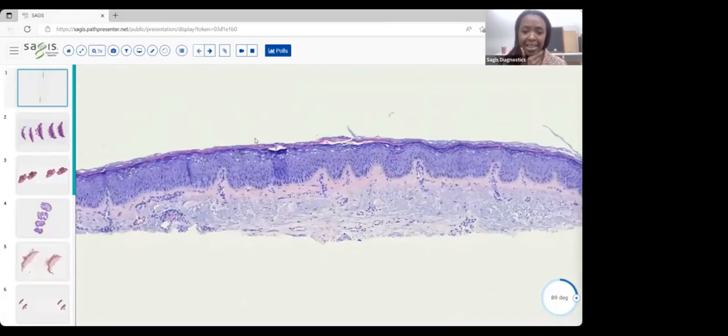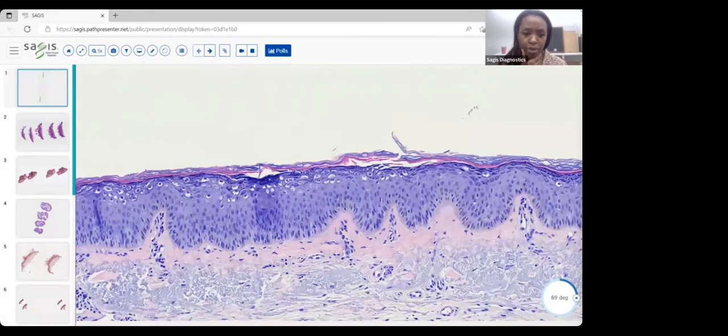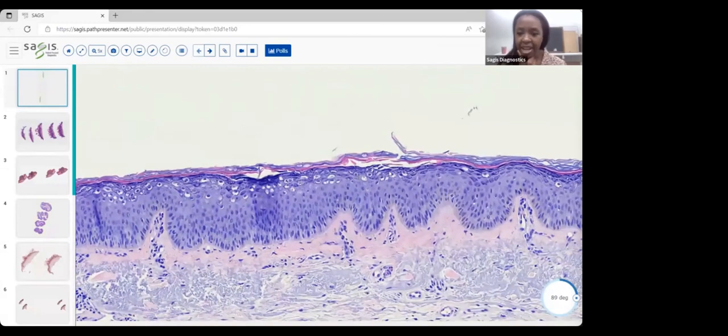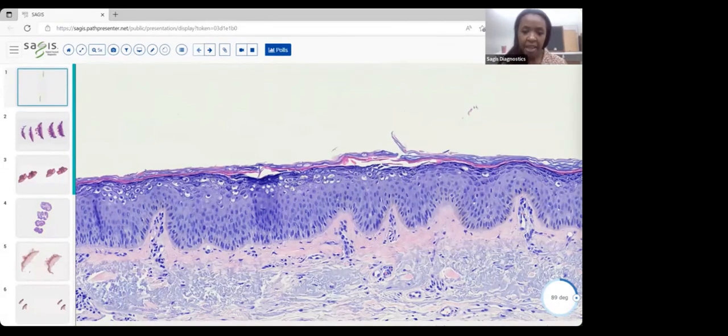Doing exactly that, what we appreciate in the granular layer and in the upper stratum spinosum are large keratinocytes, really quite enlarged, that have a clear component in the nuclear area. So very large keratinocytes with vacuolation, is what we call it.